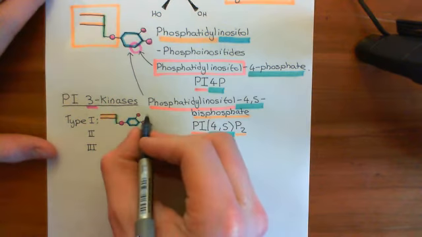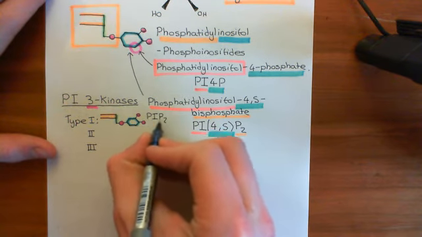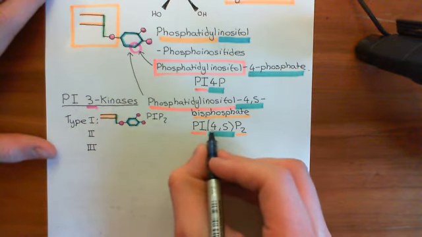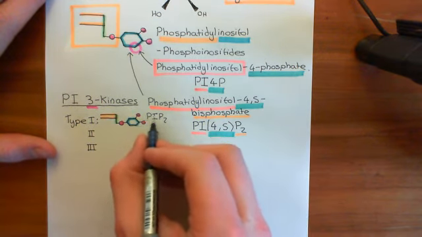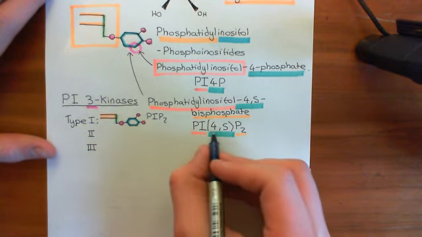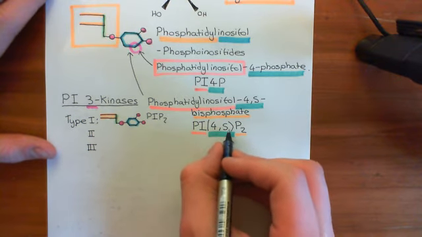Now, what type 1 phosphoinositide 3 kinase enzymes are going to do is take these molecules, which are usually just abbreviated to PIP2 molecules. Usually we drop the 4,5 because when people write PIP2 like this, it's generally accepted that they mean these phosphate groups are on the 4th and the 5th carbons.